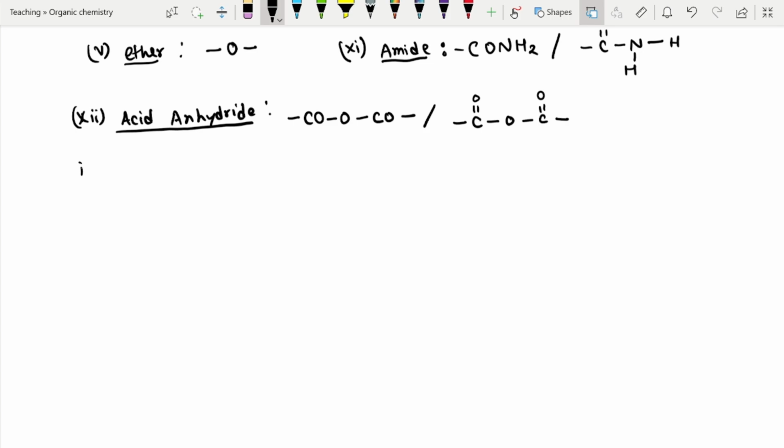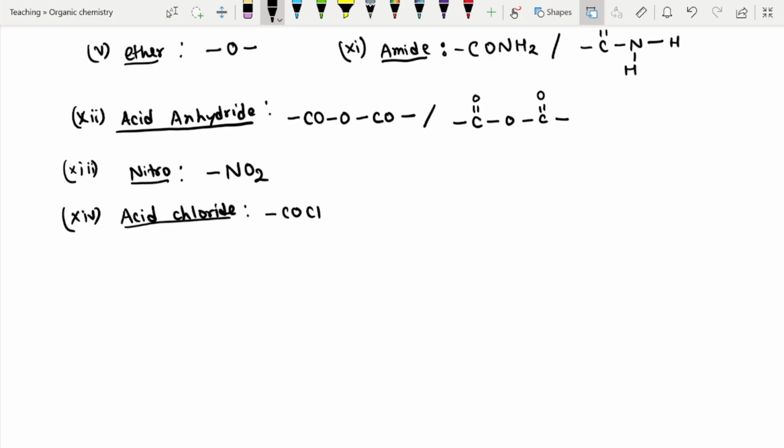Then number 13 is nitro. This is bond NO2. Then number 14 is acid chloride, which is bond COCl, or bond C double bond O bond Cl.